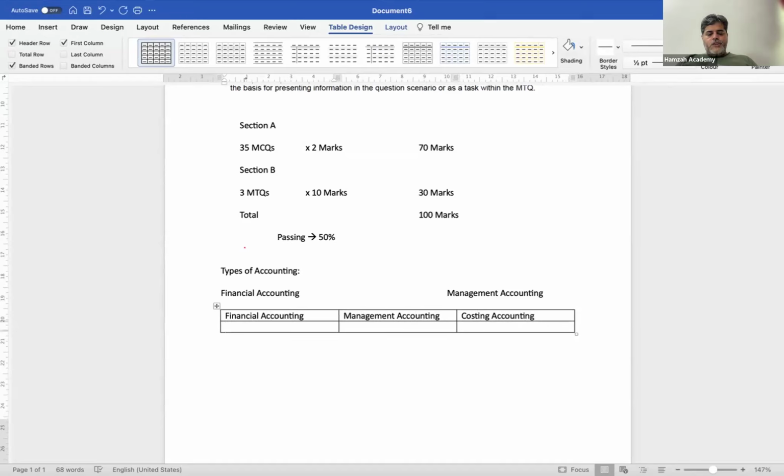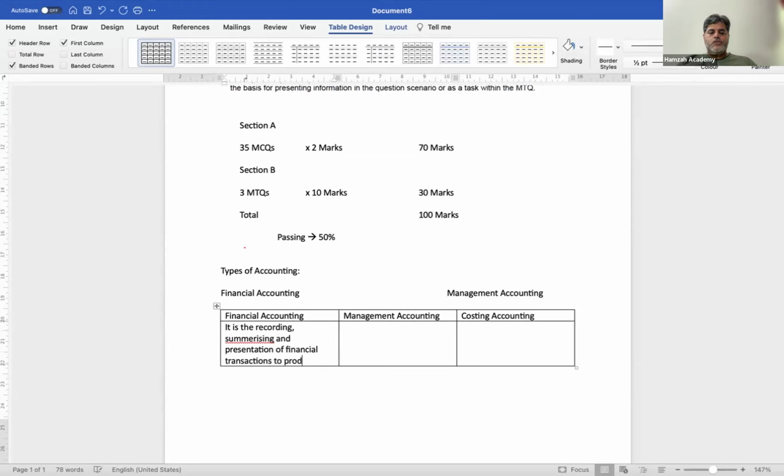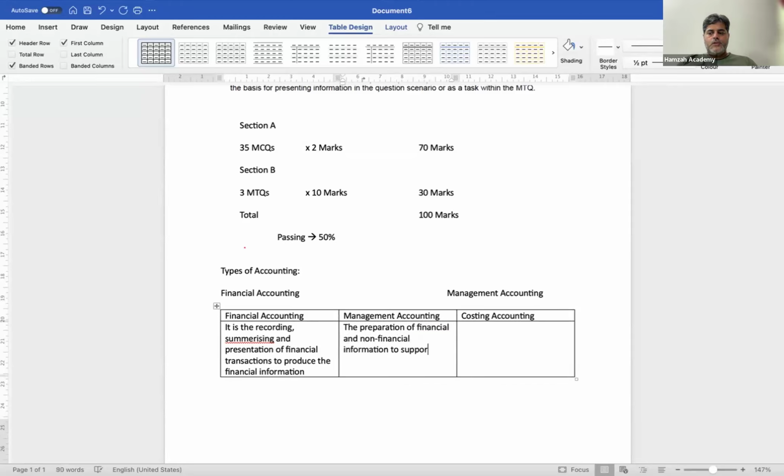Now, if we talk about financial accounting, it is the recording, summarizing, and presentation of financial transactions to produce financial information, whereas management accounting is the preparation of financial and non-financial information to support management activities.